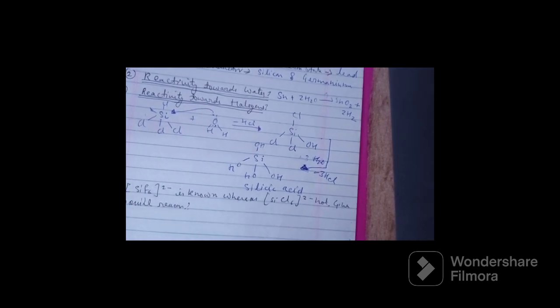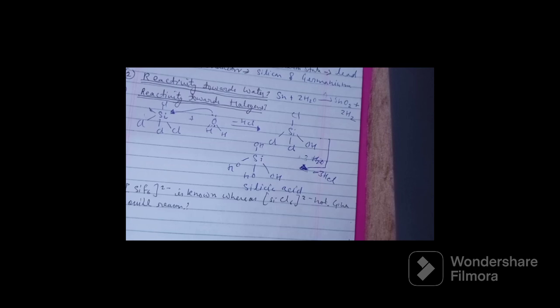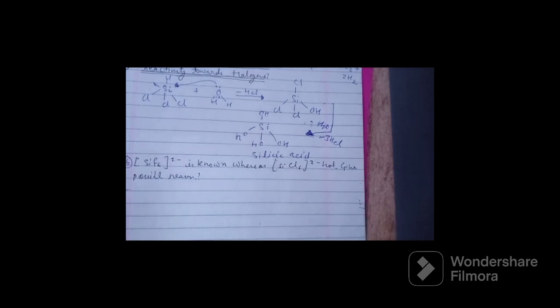For that, the main reasons are: six large chloride ions cannot be accommodated around Si4+ due to the limitation of its size. The second is that the interaction between the lone pair of the chloride ion and Si4+ is not very strong. So just let's write it down.